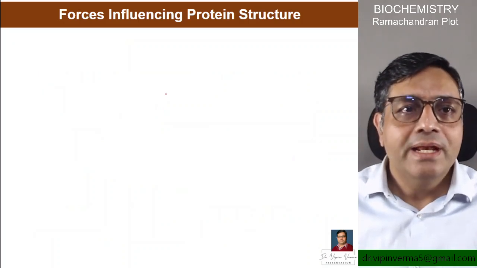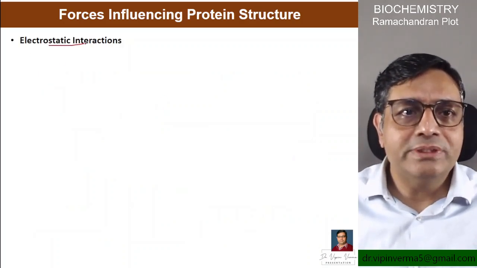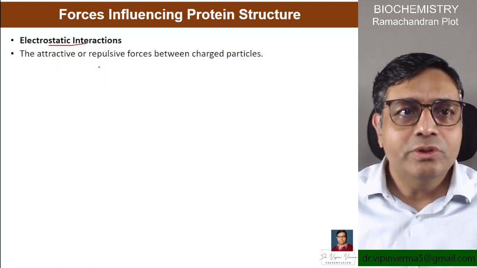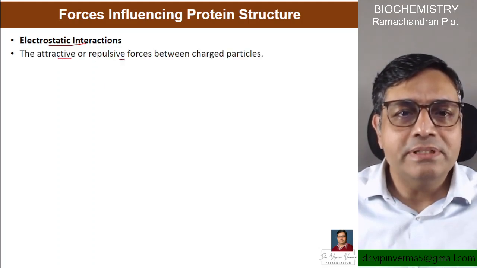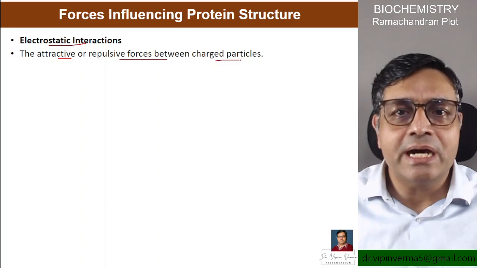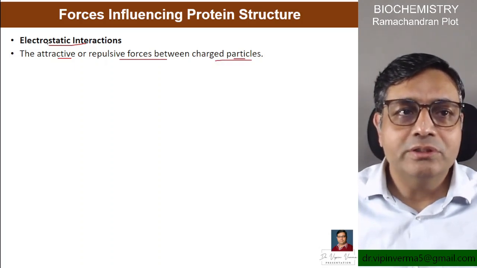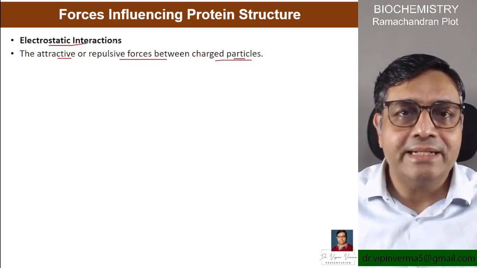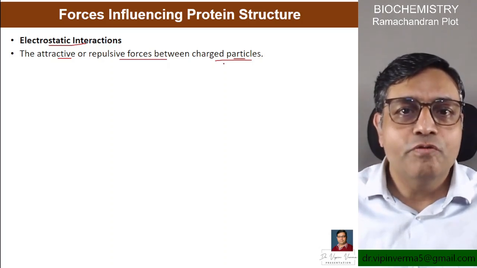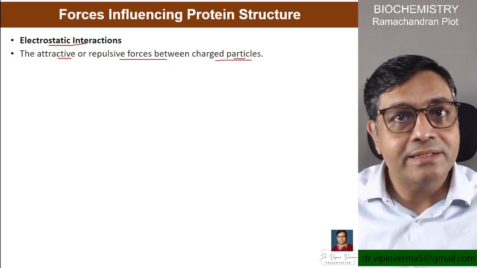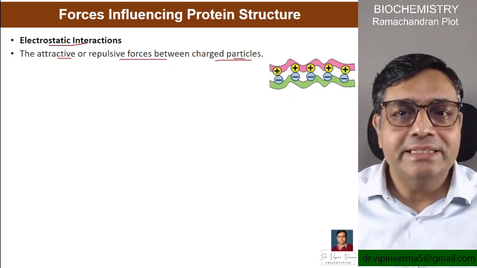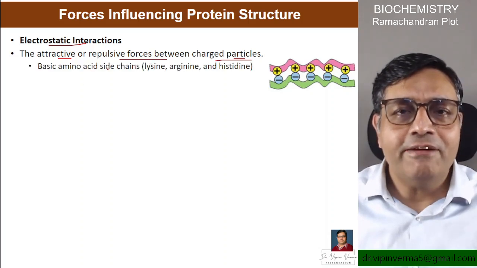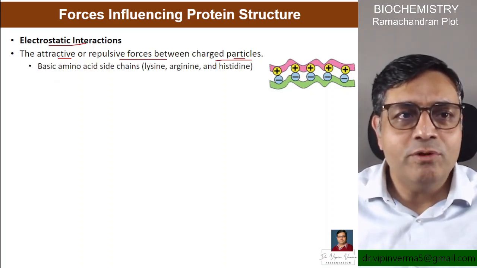Okay. Now, the third is the electrostatic interactions. They are the attractive or repulsive forces between charged particles. Because they are electrostatic interactions, electro is involved here, so we are talking about charged particles. You can see here these are positively charged, these are negatively charged, and we have the charged amino acids.